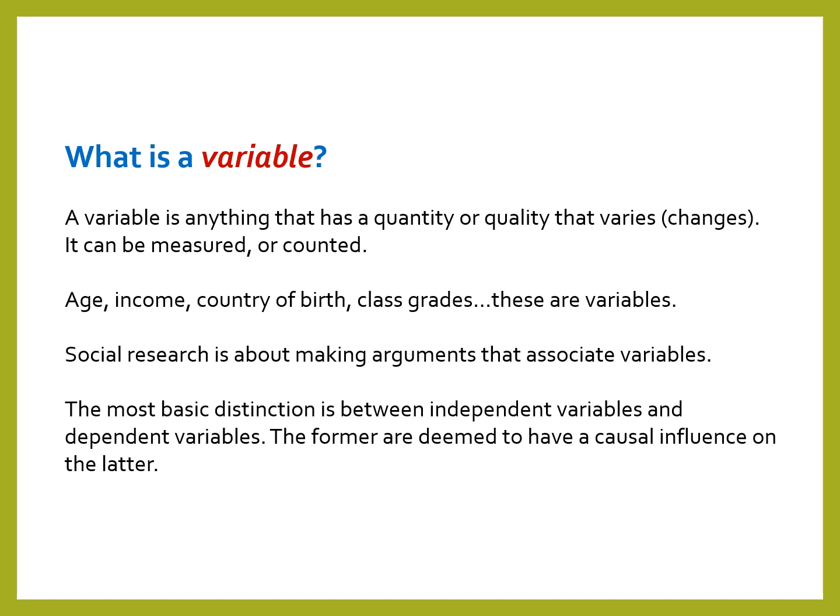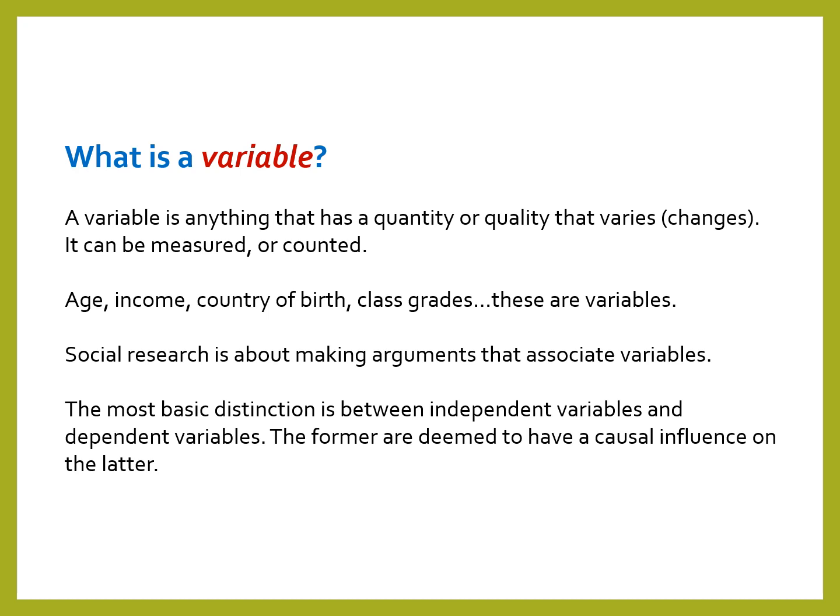All these items, things, or aspects of social reality are variables in the sense that they are not constant. They can get different quantities or qualities. Now, the most basic distinction between variables is between independent variables and dependent variables.